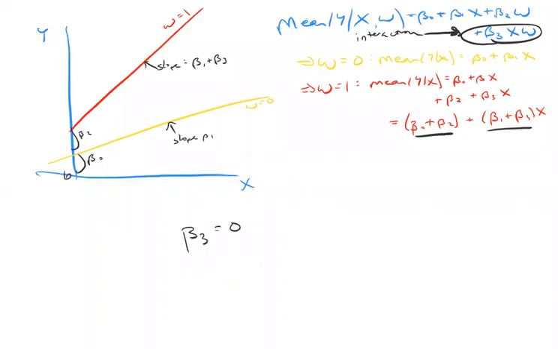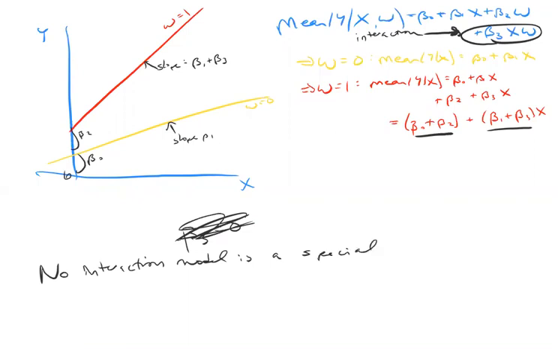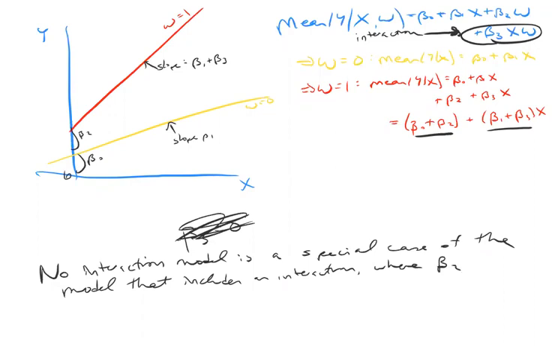That would just mean that last term isn't there. So I can say that the no interaction model is a special case of the model that includes an interaction, where the coefficient of the interaction is equal to 0.